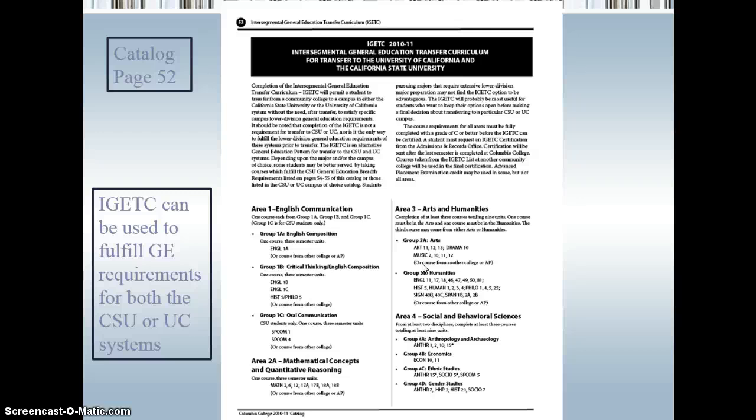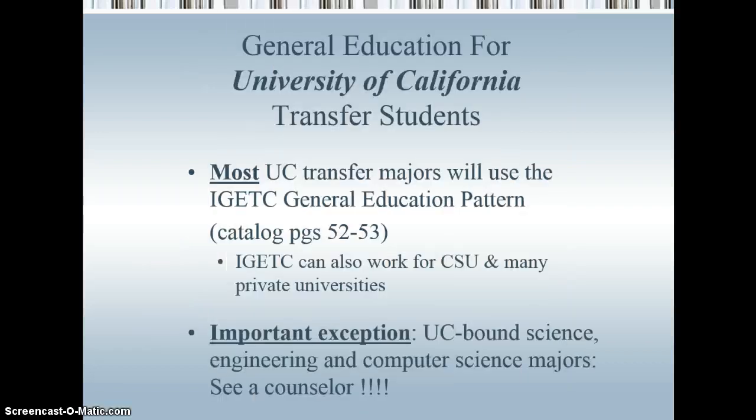And we can also use the IGETC patterns for our associate's degree for transfer if that lines up with your institution. The only thing I want to mention, and it's here on this slide, is that if you are a science major, especially going to a UC, or an engineering major, computer science major, you have what's called a unit-heavy major.